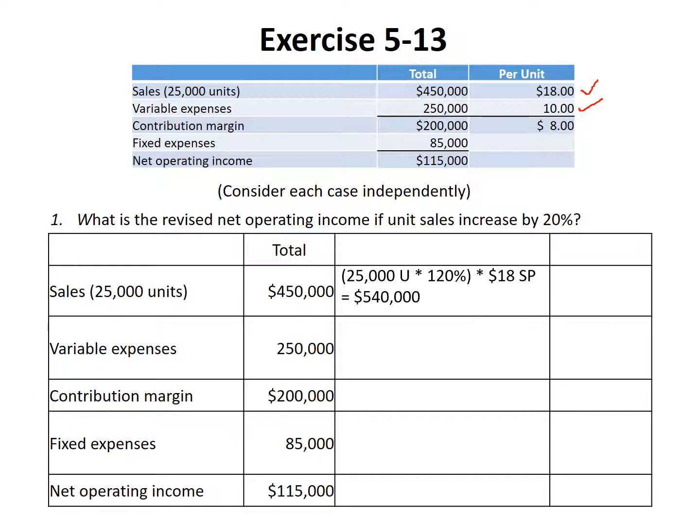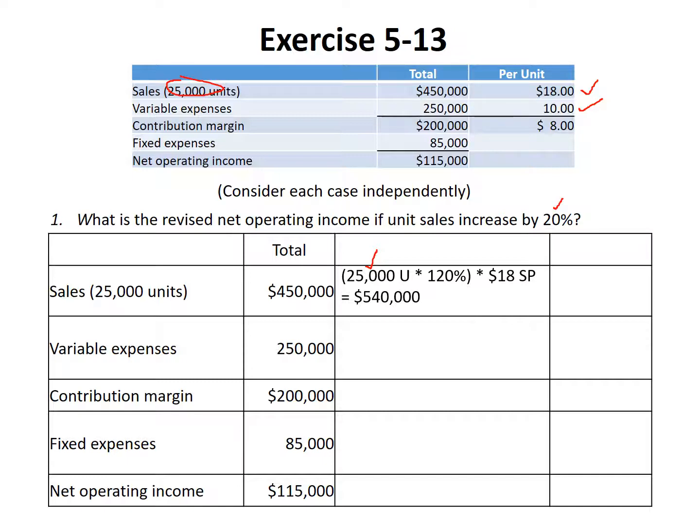So in this case, there's a couple ways I can approach this, but I'm going to use the most straightforward process possible. Here it says, what is the revised net operating income if sales increase by 20%? So all I've got to do is calculate this in a formula. I know the number of unit sales is 25,000 units. So I start off with that, and I'm going to increase my sales by 20%.